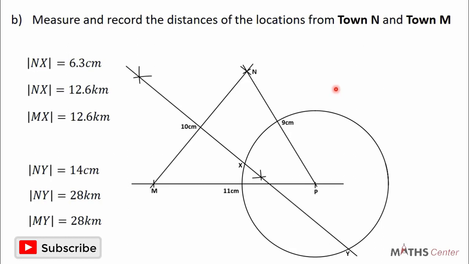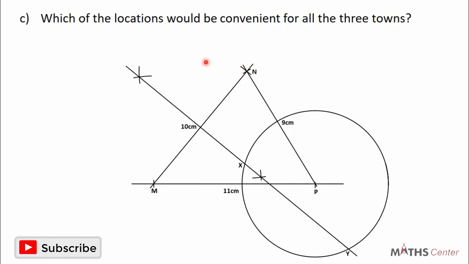Let's consider the last part of the question. The last part of the question says, which of the locations will be convenient for all the three towns? We have two locations, location X and location Y. Let's analyze it. We know that the distance between the market and point P is 10 kilometers.